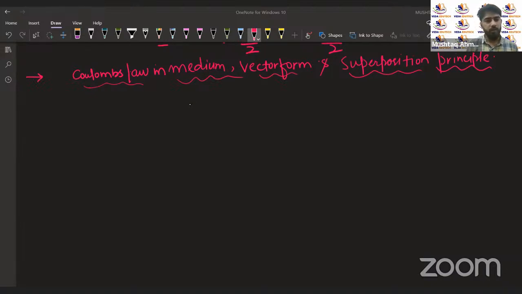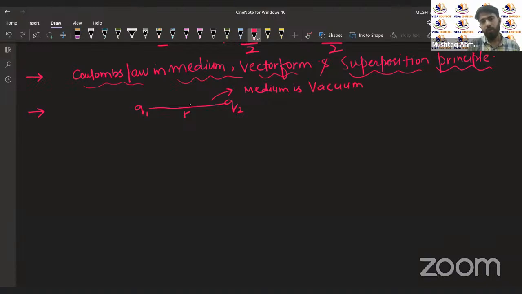So in the last class, what we discussed was that suppose we have charges q1 and q2 here, and both these charges are separated by a distance r, and they're placed in a medium, and the medium is air or vacuum.